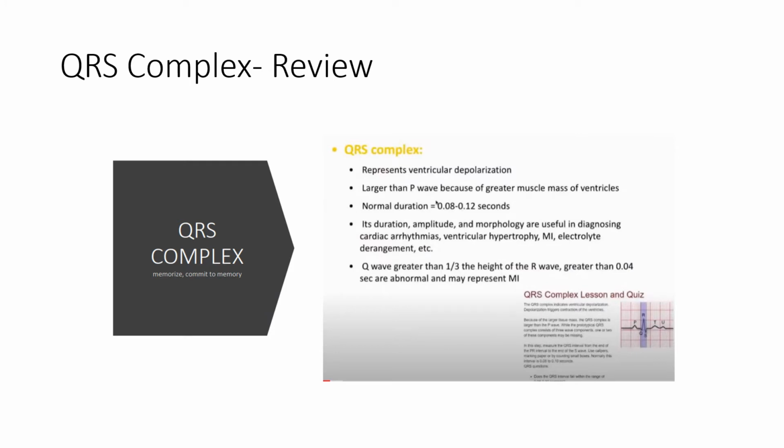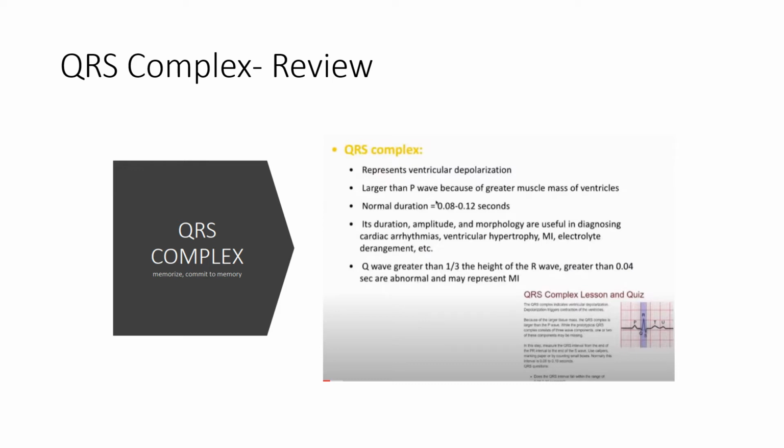Your QRS complex represents your ventricular depolarization. Look at the purple area right here. Okay. Now look at this. They're larger than your P wave. We discussed that because of the muscle mass. And the normal is 0.08 to 0.12. If you would recall, I asked a question earlier.